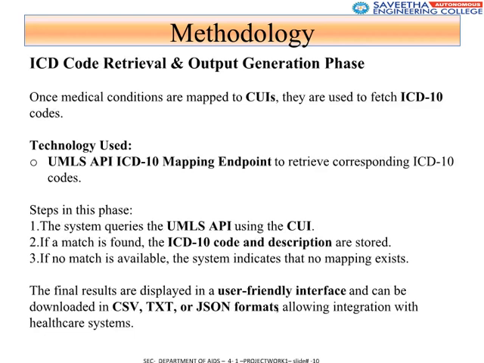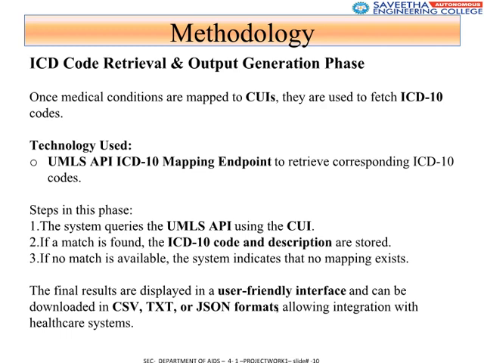ICD code retrieval and output generation phase. Once medical conditions are mapped to CUIs, they are used to fetch ICD-10 codes. Technology used: UMLS API ICD-10 mapping endpoint to retrieve corresponding ICD-10 codes. Steps in this phase: the system queries the UMLS API using the CUI.